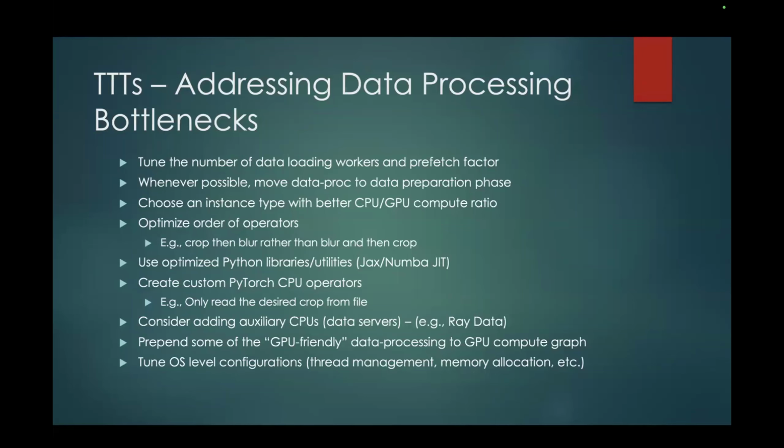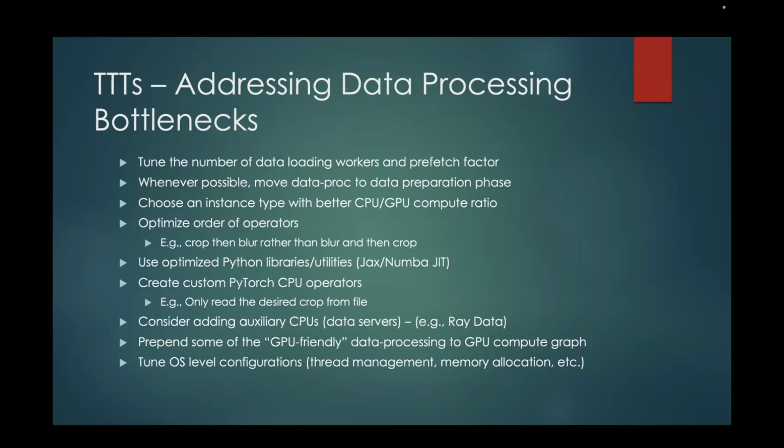In some cases, you may want to choose an instance type with a better CPU to GPU compute ratio. These vary greatly between instance types, so if you see that your GPU is being starved, you may want to choose a similar machine just with more CPUs in it.